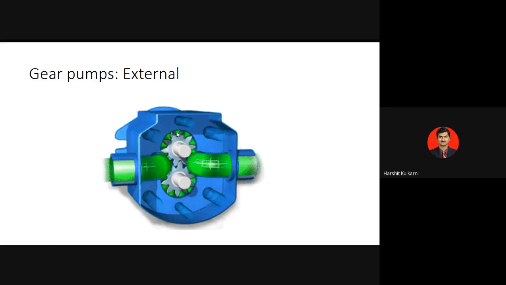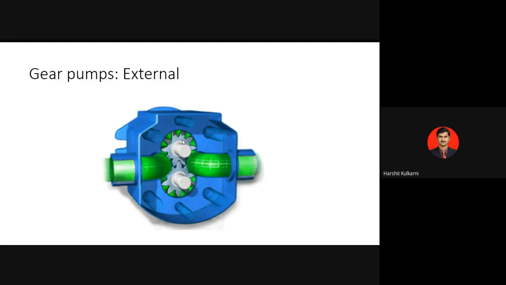So that space is filled with oil every time, and that amount of oil is discharged, suction, discharge to the further part of the hydraulic system. Such kind of pumps which operate by the meshing of gears externally are called external gear pumps.